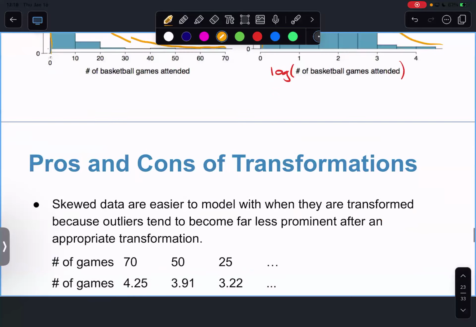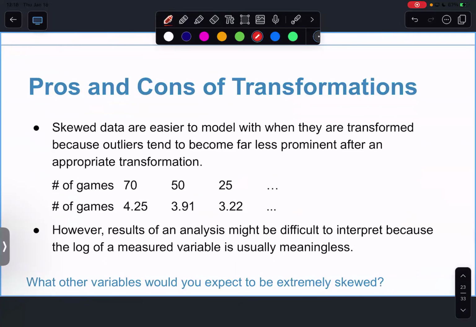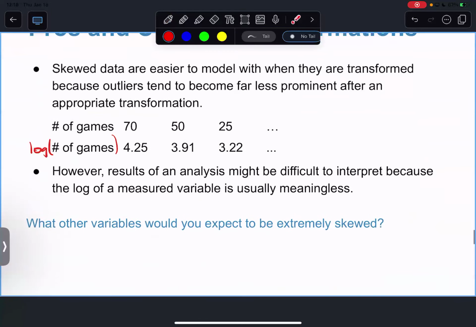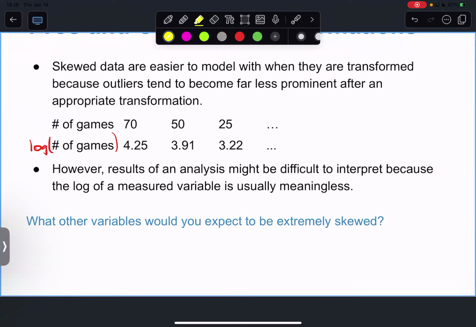Like I said, we're not going to do log or any sort of transformations, but it's nice to have. If you take the log of 70, it's 4.25. The log of 50, it's 3.91, and so on. The reason we're avoiding it is because the interpretation becomes hard. Now you have to talk about the log of the number of basketball games that someone's attended, and that gets boggy.